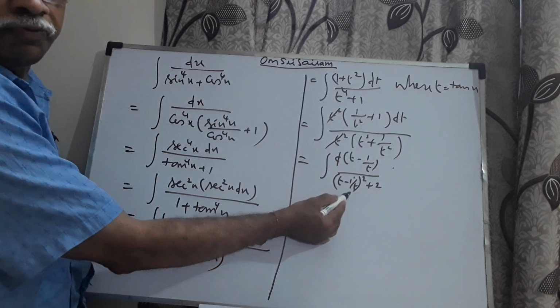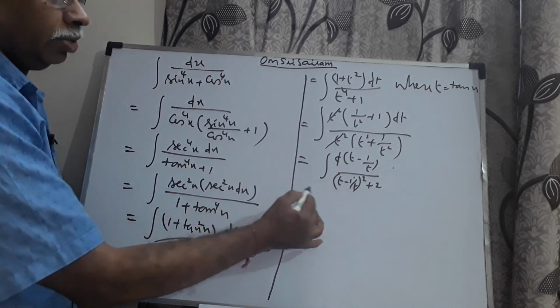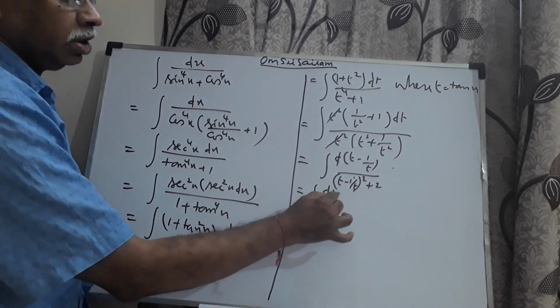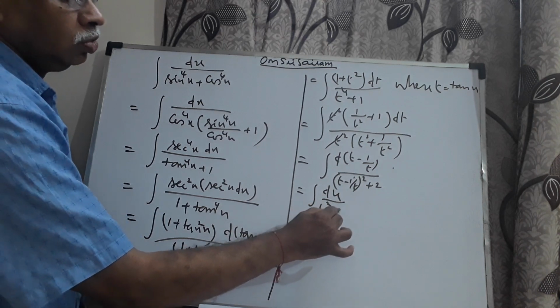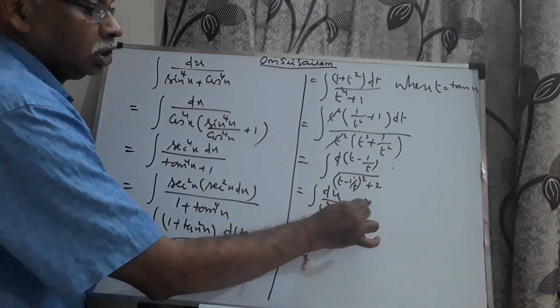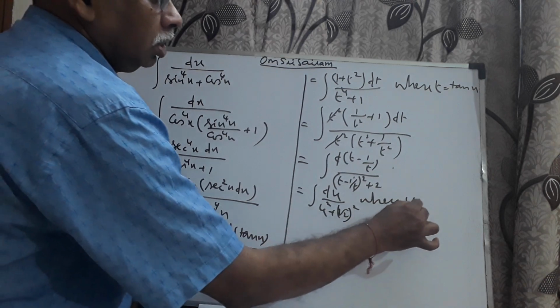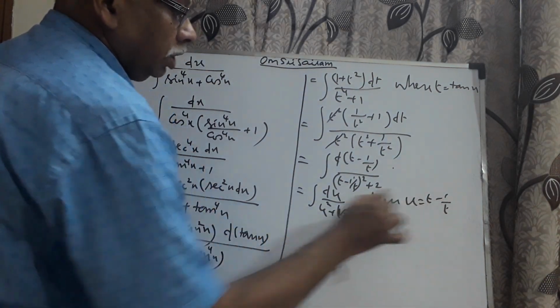Therefore, I can make it as a perfect square in terms of t minus 1 by t in the denominator. Therefore, this can be written as du by u square plus root 2 the whole square, where my u is t minus 1 by t.